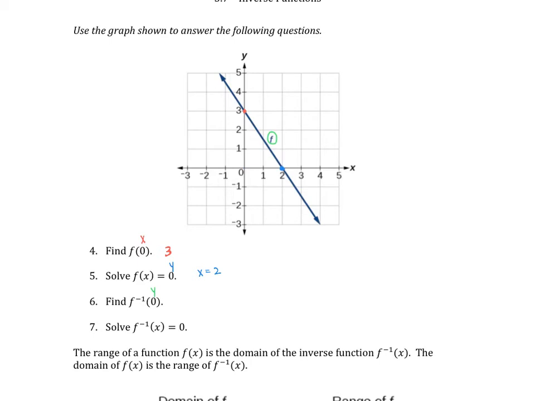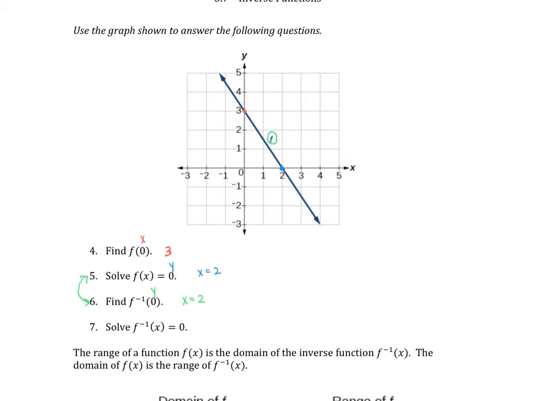So when y is 0, x is 2. This is the same as number 5. So 6 and 5 are asking the same thing. It's given to you in a different way, but it's the same information.